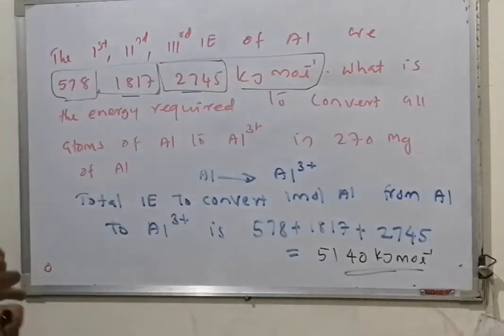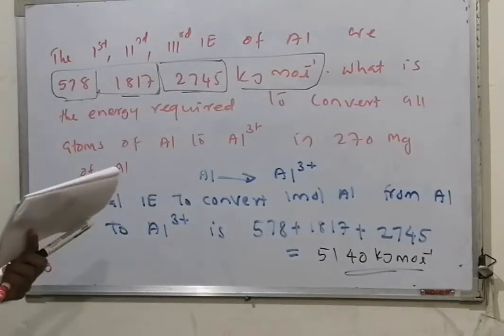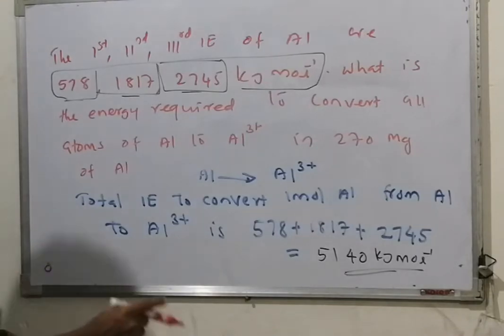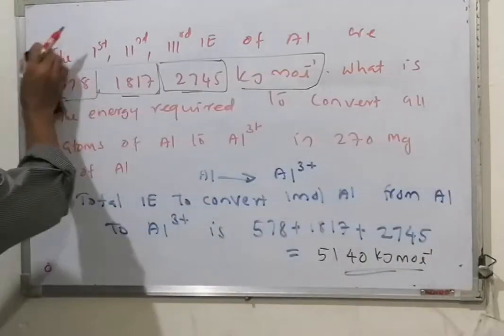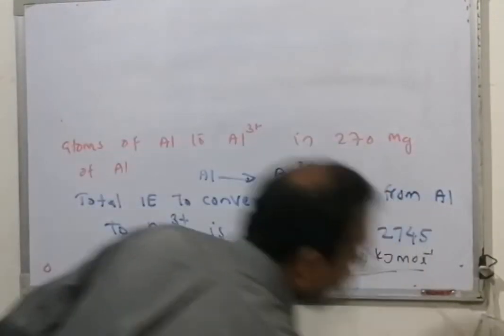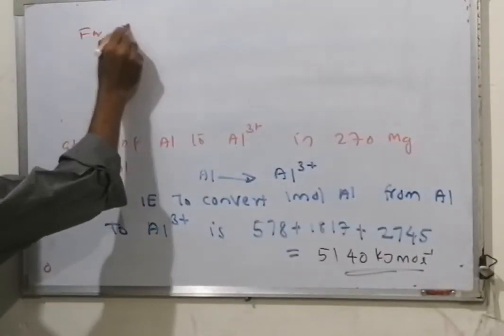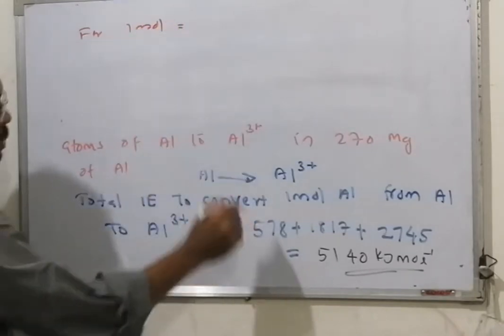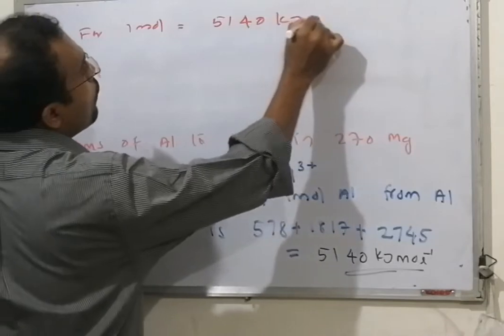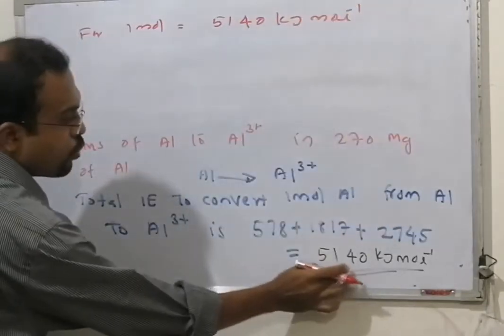Okay, students, you are getting like this. That is total ionization energy for 1 mole, 5140 kilojoule per mole.